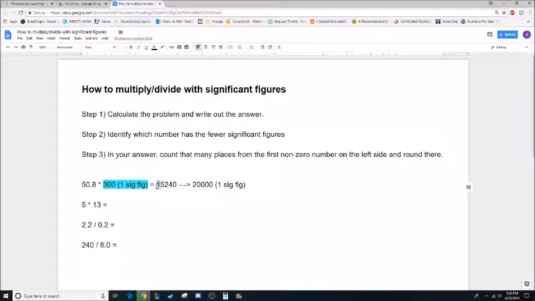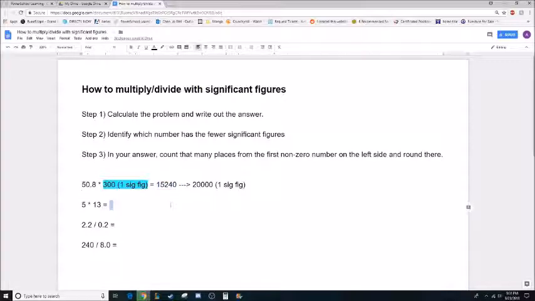The first number has to be significant because I want my answer to be as close to 15,240 as possible, but it can only have 1 sig fig. So it's not going to be 10,000, because this 15 is already past the halfway point. That means it's going to be 20,000, because we're already past the halfway point between the 10,000 and the 20,000. So it's obviously closer to the 20,000.